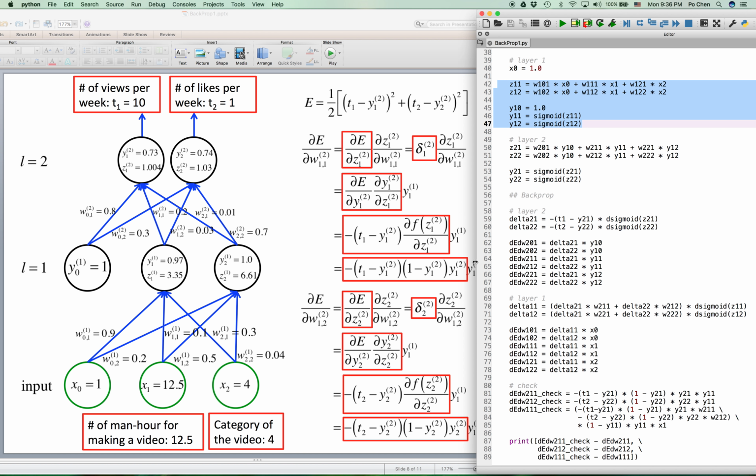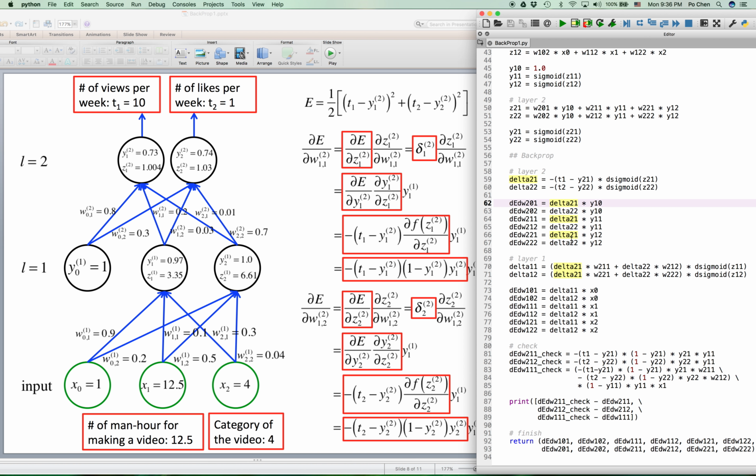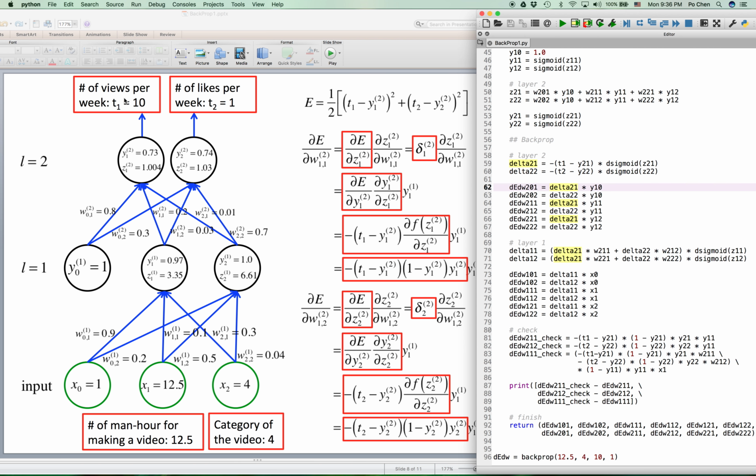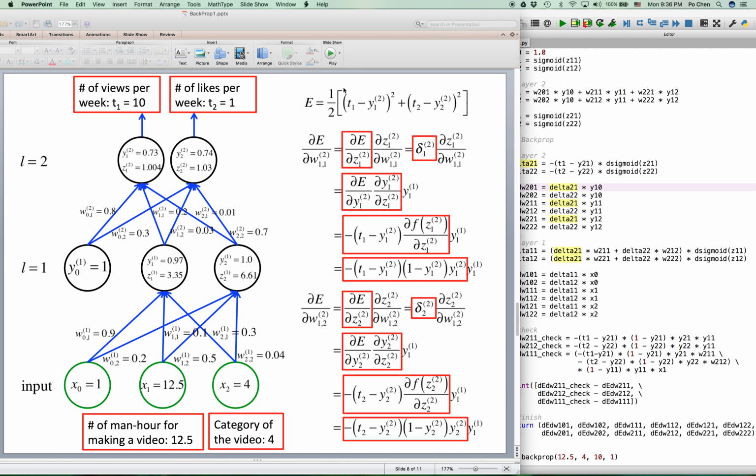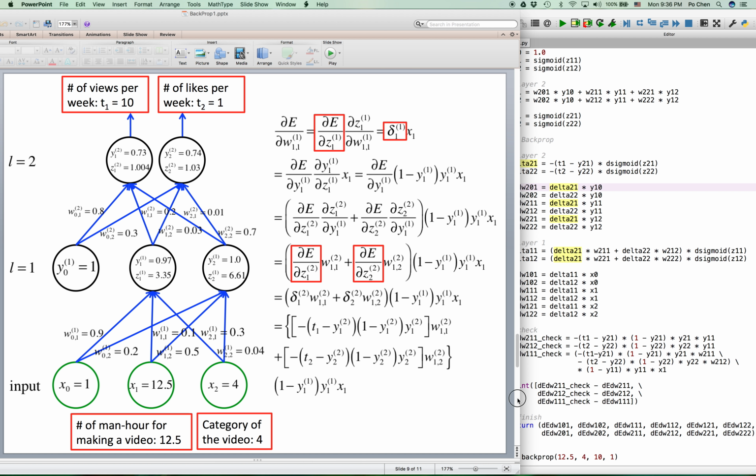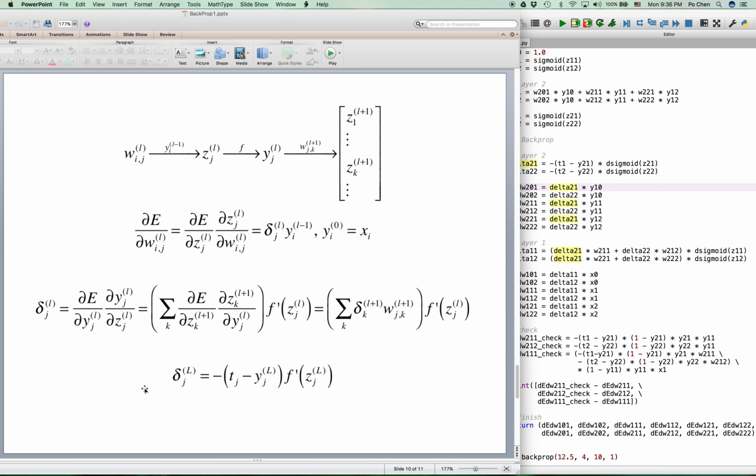And we are now ready for the second stage, which is the backward calculation. Right. In the back-propagation stage, we start from the top layer, and we have to first compute the deltas for the top layer. So let's look at our back-propagation algorithm.